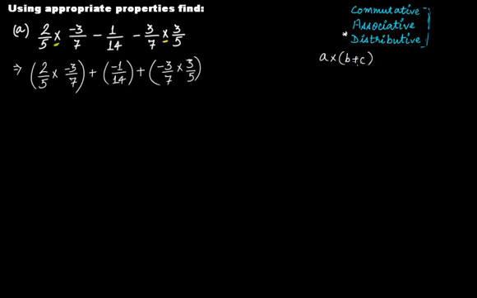If these are three rational numbers a, b and c, then a multiplied by b plus c within the bracket is actually a times b plus a times c. If I reverse this, that is, if I have a times b plus a times c, I'll get back to a times b plus c. Imagine that this is the forward way, this is the backward way. But this belongs to the distributive property only, forward way and backward way.